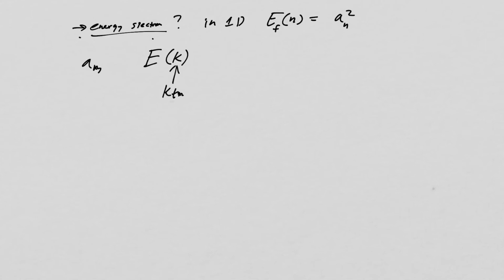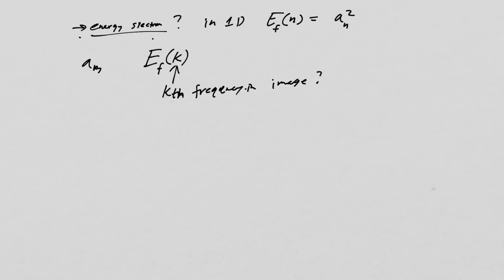Recall in 1D, the energy spectrum was equal to essentially whatever the coefficient was, squared. But now let's say I want to know E_k, the energy of the kth frequency in the image.